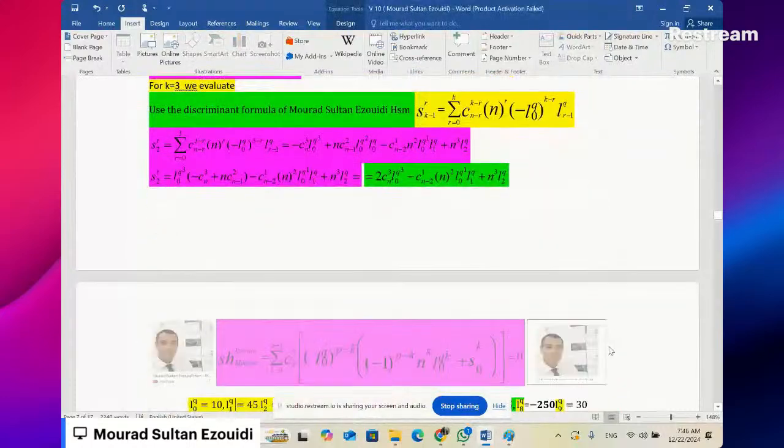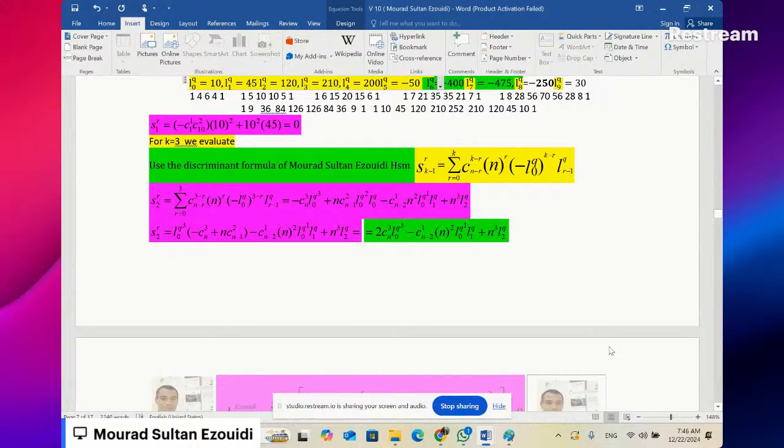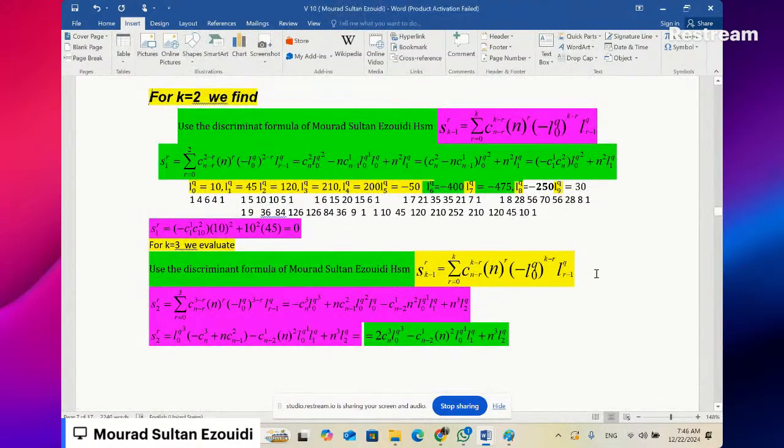Now I'm going to let k equal 2 in the discrete formula of Mr. Mourad Sultan Ezouidi, and I'm going to focus on the last general formula. After writing it in its simplest form, it will be negative combination 1 choose 1 times combination n choose 2 times L0 over q squared plus L squared times L1 over q. This is a simplification and substitution.